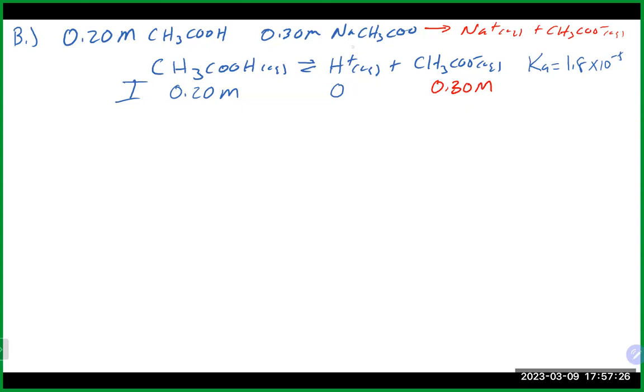And by the way, if the sodium acetate is 0.3 molar, it is a 1-to-1 relationship between that and acetate, which means the concentration of acetate is also 0.3 molar. So that's how we get to the 0.3 molar for the acetate. By the way, the concentration of the sodium would be what in this case? It would also be 0.3 molar, although we don't need it for the problem. It also is a 1-to-1 relationship between them.